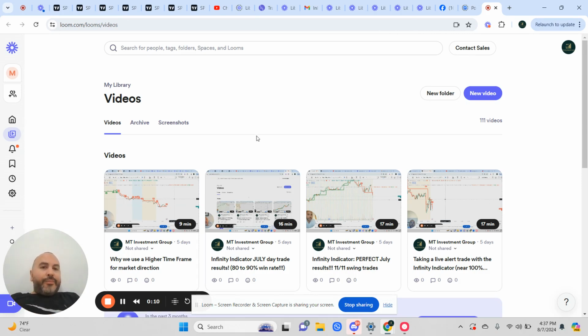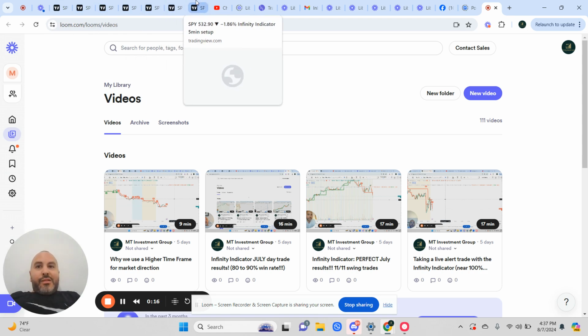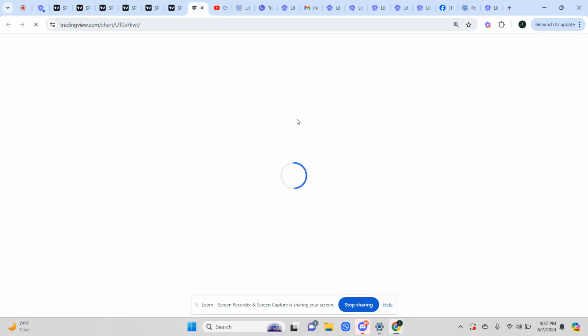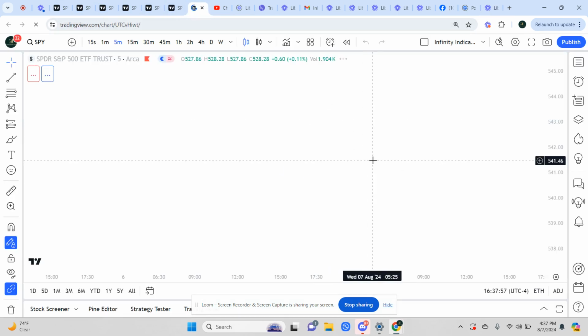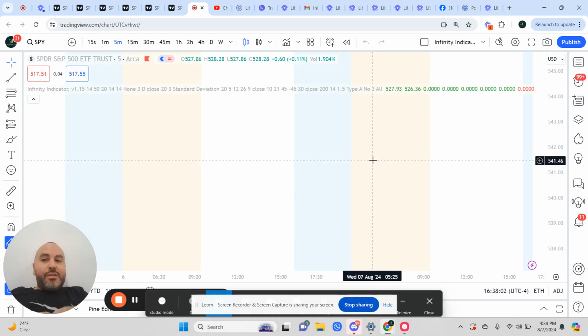In a nutshell, the Infinity Indicator is a tool that anyone can use, regardless of your experience trading stocks, whether you have zero experience or years of experience.